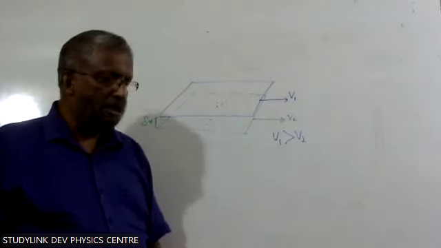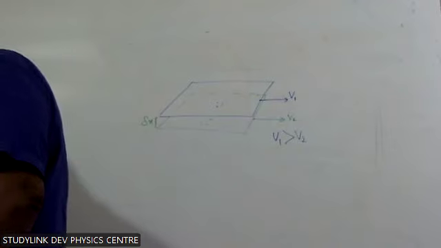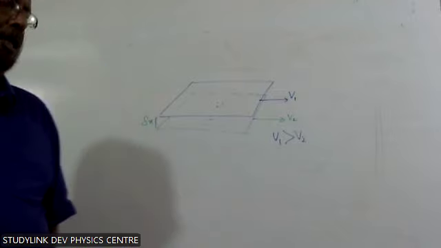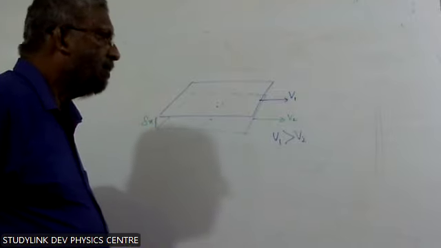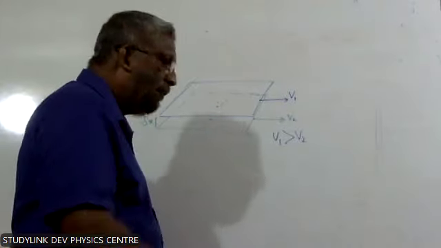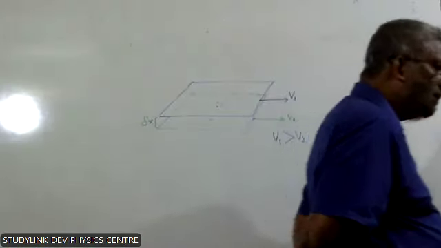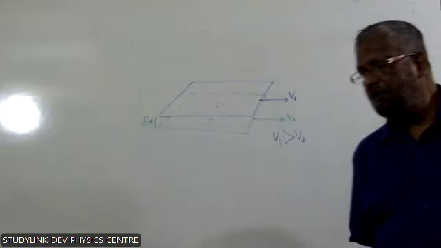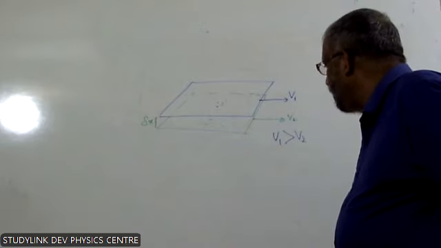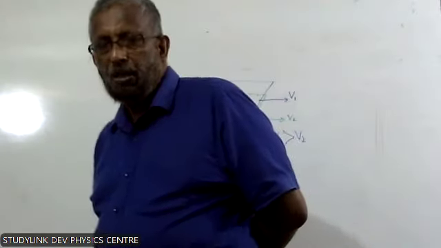Now consider two parallel laminae which are close to each other, and the perpendicular distance between them is delta x. Suppose V1 is greater than V2.